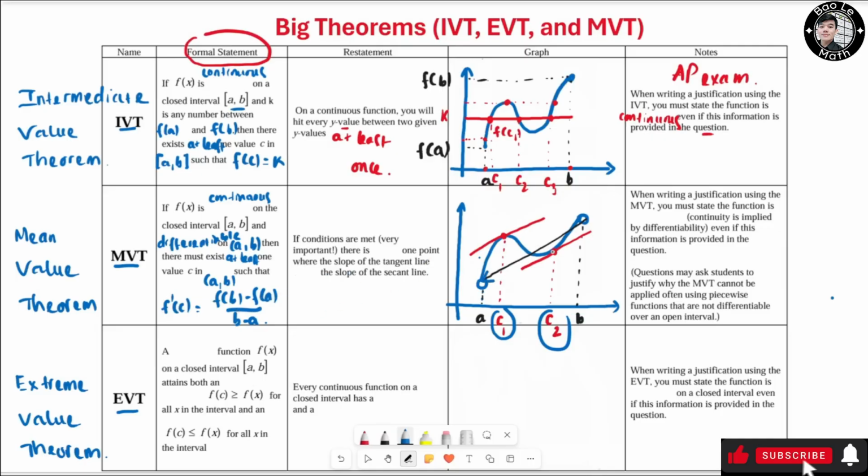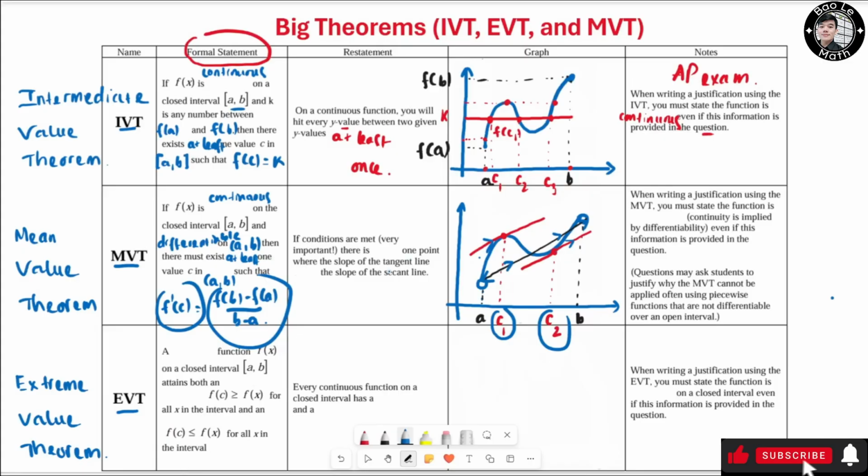Remember, the line right here is the secant line, so this is the average rate of change of the function f of x, and f prime of c is the slope of the tangent line of the function. So if f prime of c equals this one, these two lines are parallel. Similarly, this one and this one are parallel, so you have two values of c right here.